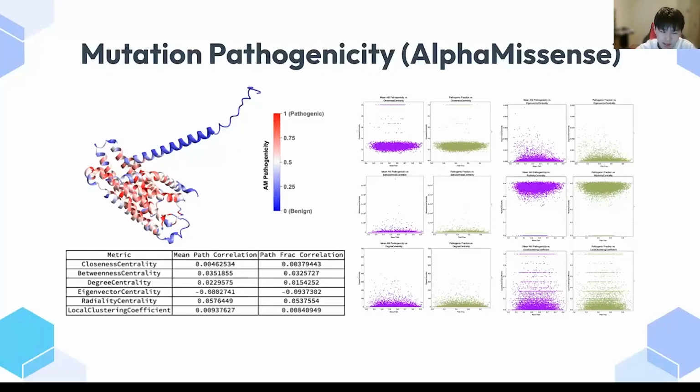We then looked to see if there was any linear correlation between the graph measures of the protein-protein interaction network and the two values that we just calculated. However, this does not appear to be the case, from both the correlation values and simply looking at the graphs on the right.